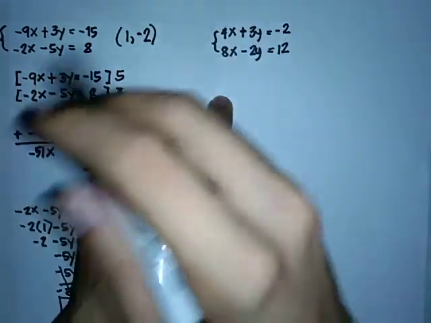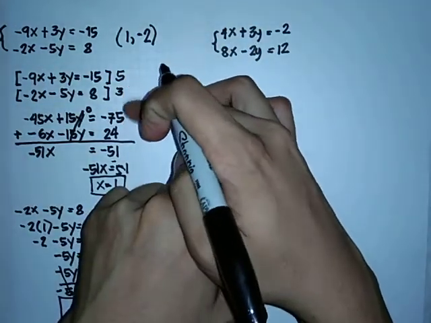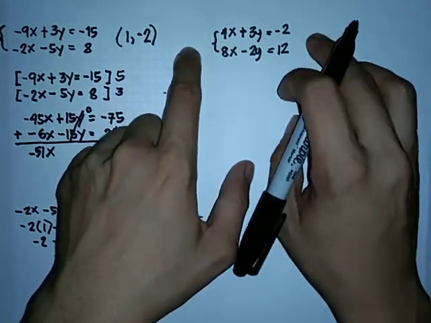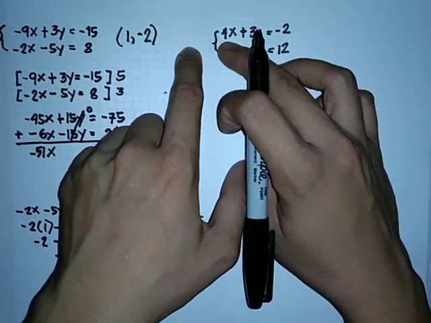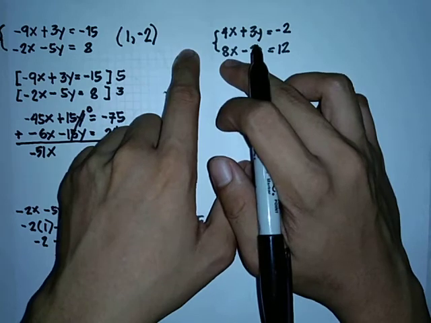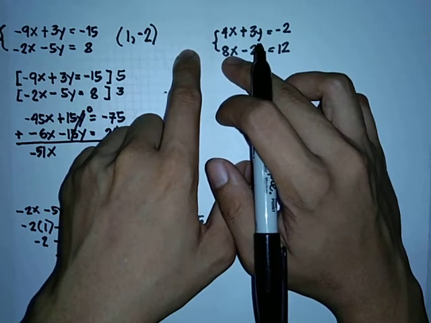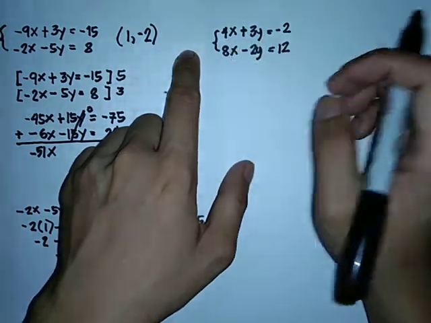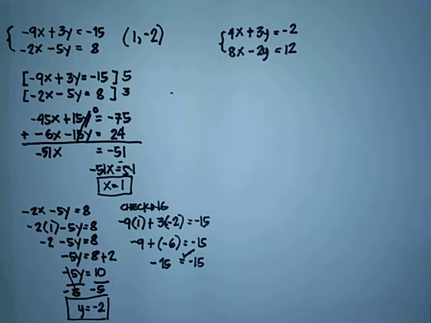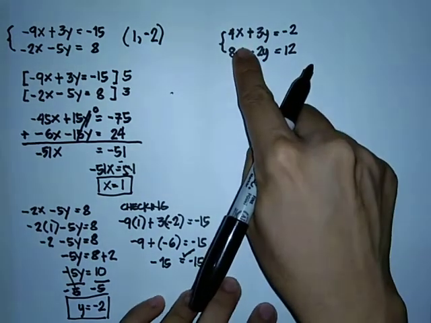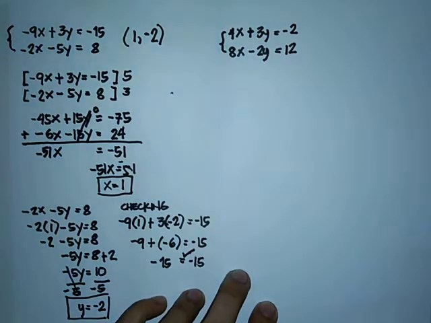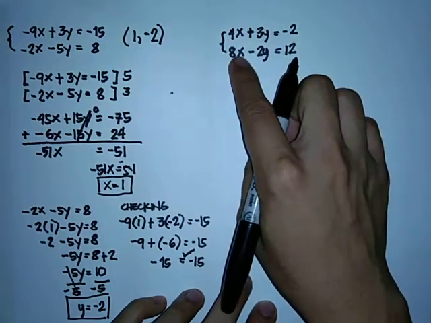Okay. So for this, sa una-unang problem, dalawa yung minultiply kong number. Pero for this example, I can see naman na once I multiply yung 4x ng 2 is magiging 8. So I could eliminate that kaagad. So ang gagawin ko is to multiply yung 4x plus 3y is equal to negative 2 ng 2.